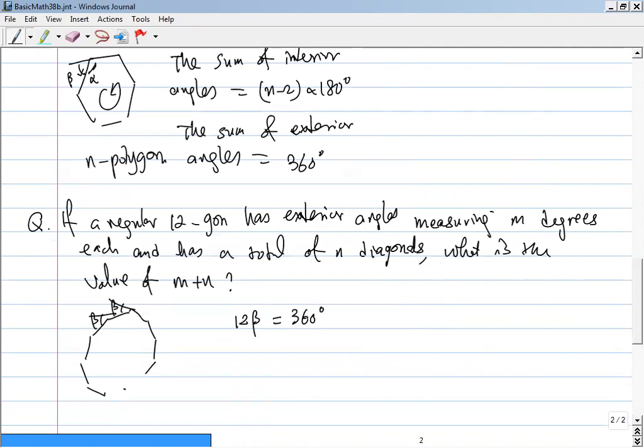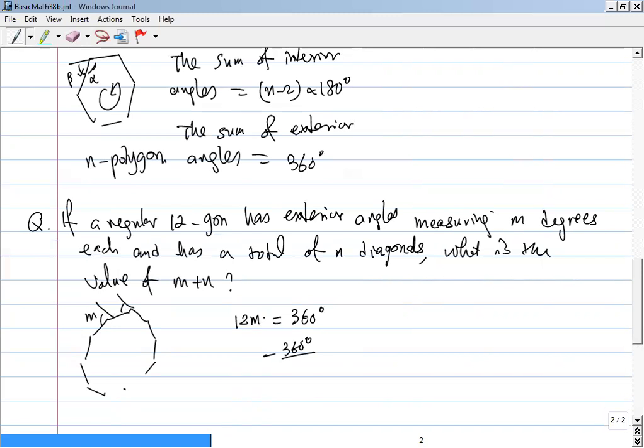The sum of the exterior angles is 360 degrees total. I'm going to use m here, not beta.